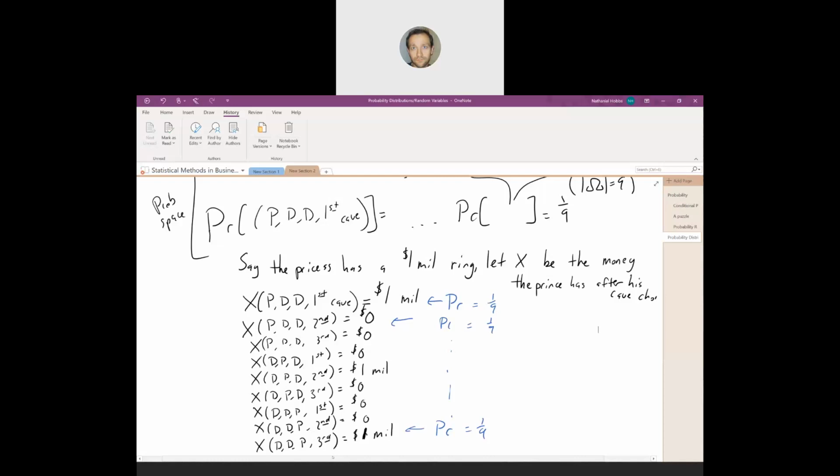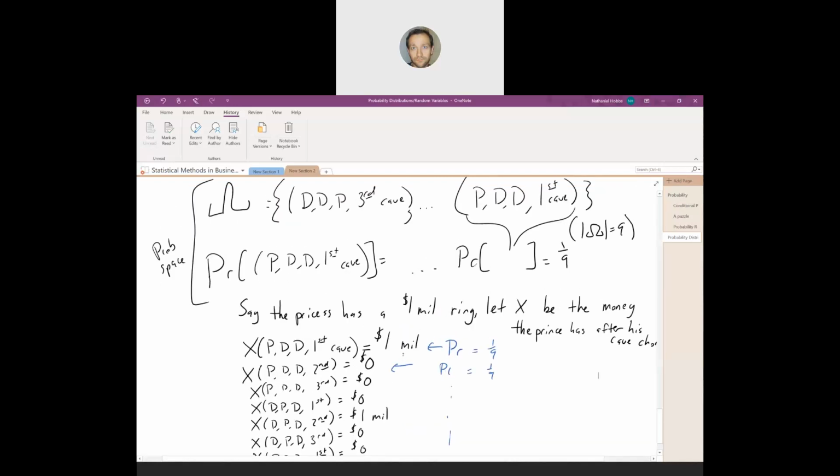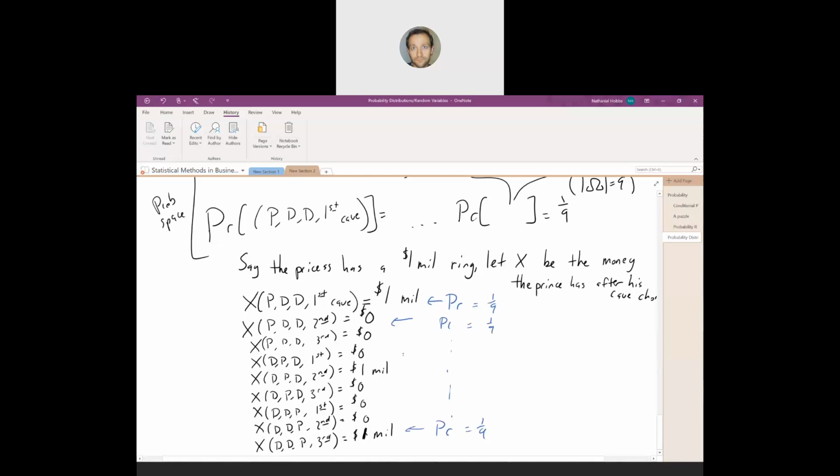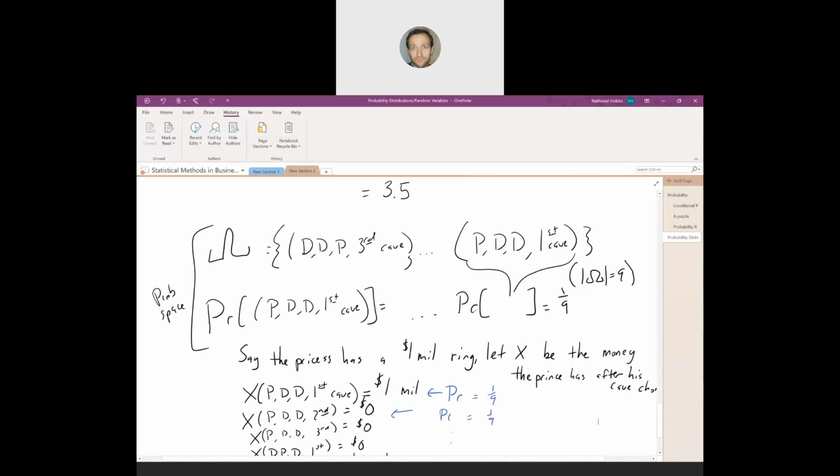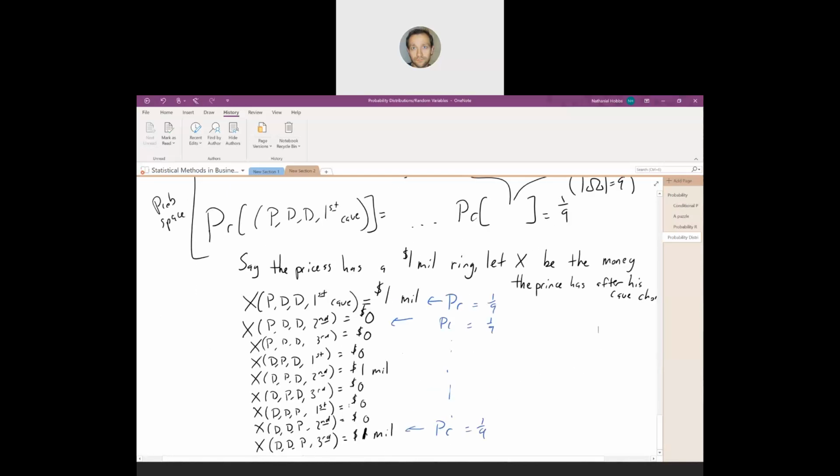But that's the only use of ordering things like that. Okay. As far as creating this random variable, do you have any other questions about it? Like, you start with the probability space and then you assign numbers to outcomes.